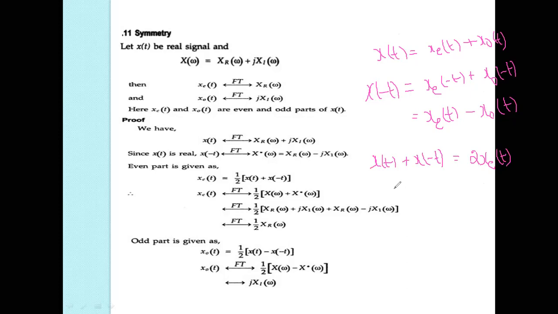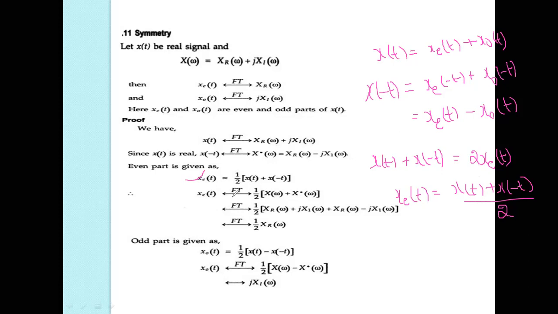So what is the even part? xe of t is equal to x of t plus x of minus t divided by 2. That is what it says here: xe of t is equal to 1 by 2 of x of t plus x of minus t.